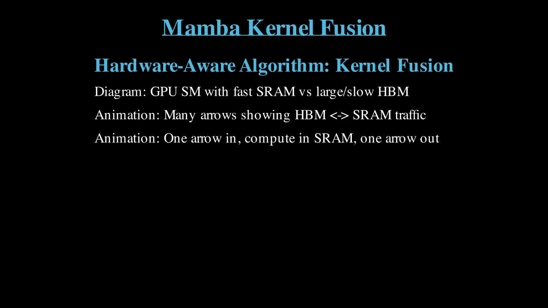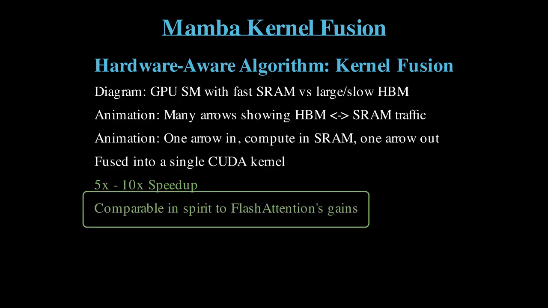For the backward pass, it simply recomputes the scan to save activations. This entire process, discretization, scan, and the final projection, is fused into a single, optimized CUDA kernel. The result is a dramatic 5 to 10x speedup over a naive implementation. This is comparable in spirit to the efficiency gains that FlashAttention brought to the transformer world.